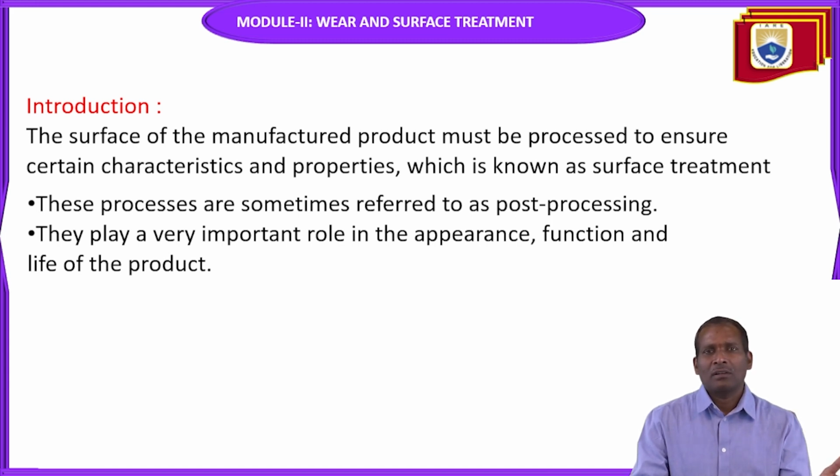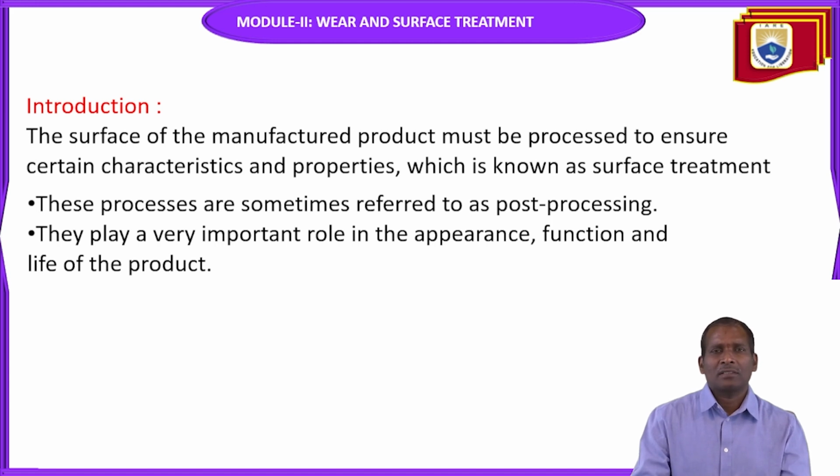Whatever product you are manufacturing, it must ensure some characteristics to resist strength, to resist wear, to resist friction. The final product must have these properties; then only will your designed product be a success in the market.